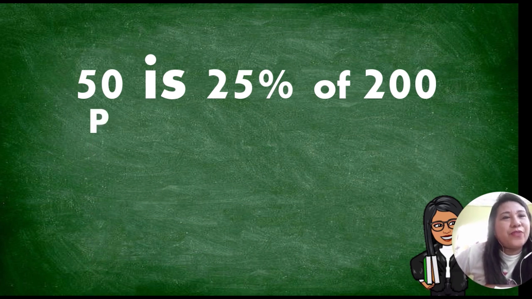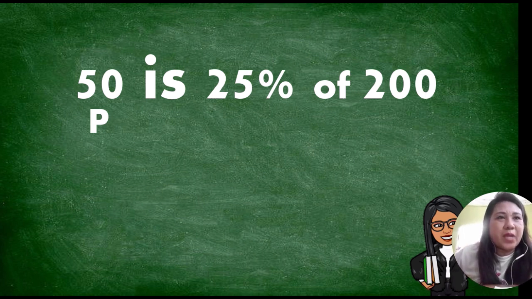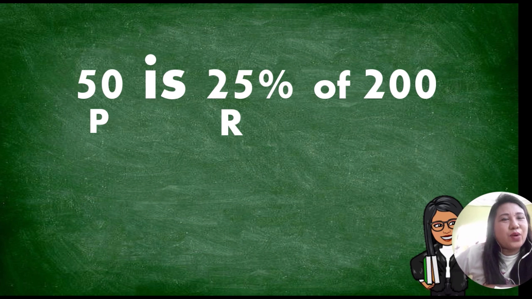Okay, 50 is the P. And what is P? It stands for percentage. What about 25%? Very good. That is your R, or the rate. How about 200? 200 is the B, or the base.